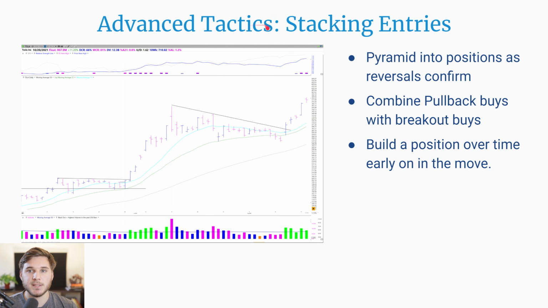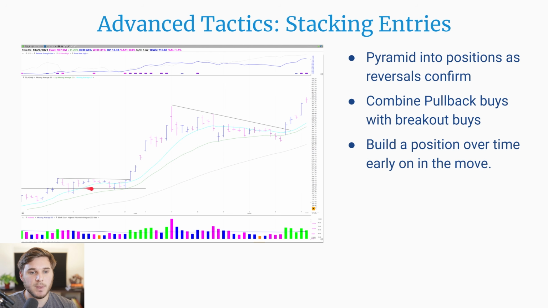So here are some advanced tactics: stacking entries, using breakouts and pullback buys together to optimize your buy point. What you want to do is pyramid into positions as reversals confirm, and you can combine pullback buys with breakout buys to build a position over time early on in the move. Here I've got a chart of Tesla back in 2020.